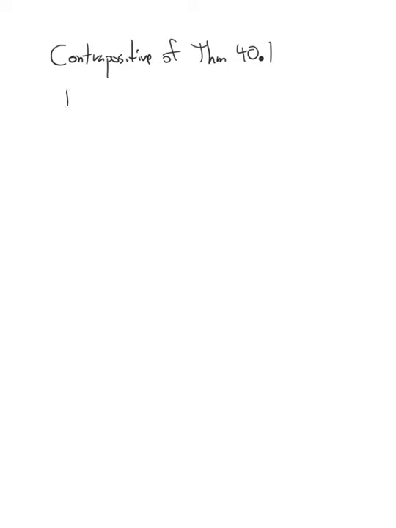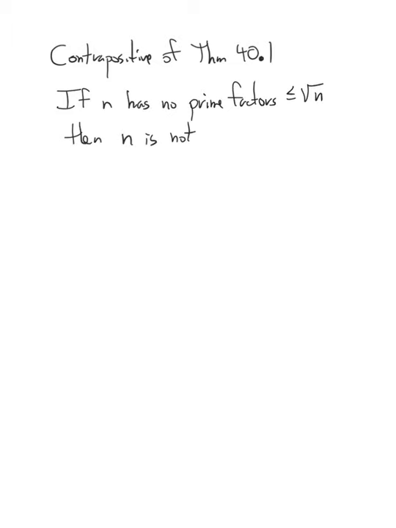So it says, if n has no prime factors that are less than or equal to the square root of n, then n is not composite.